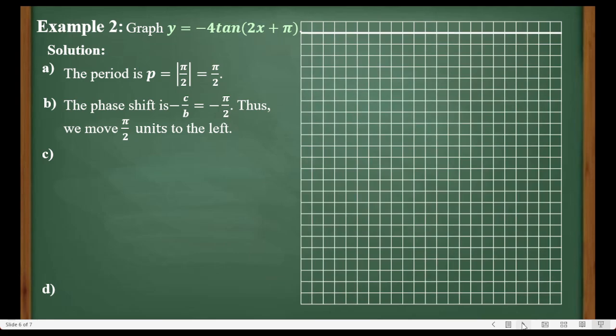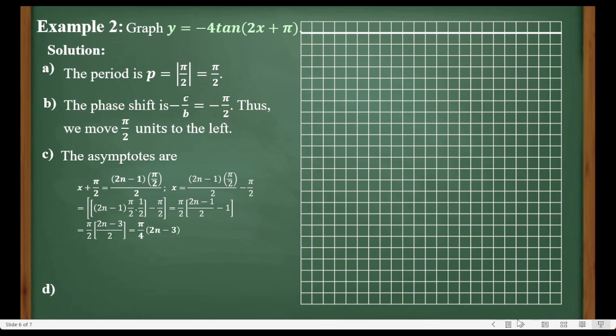Then, the asymptotes occur where? Basically, x plus pi over 2 equals the quantity 2n minus 1 times the period, I guess.